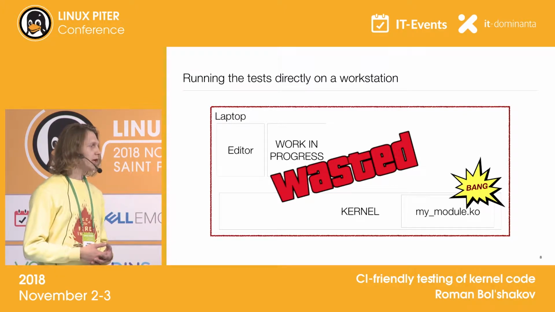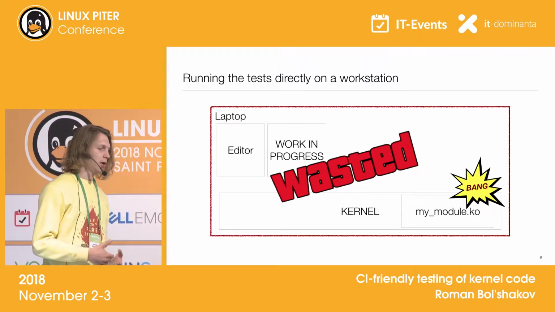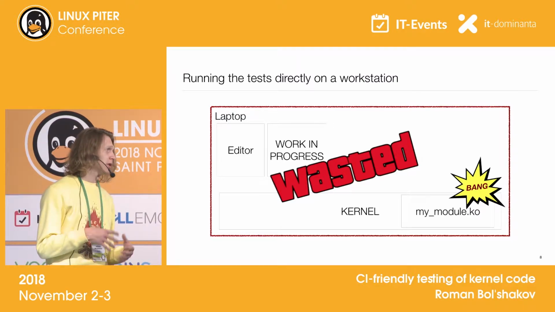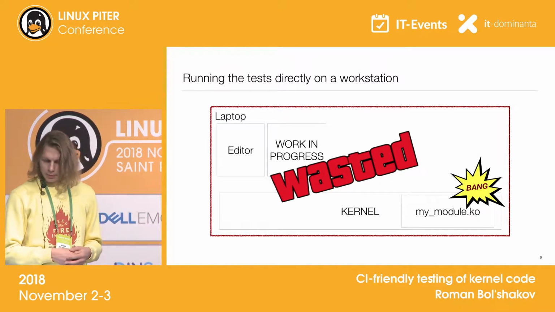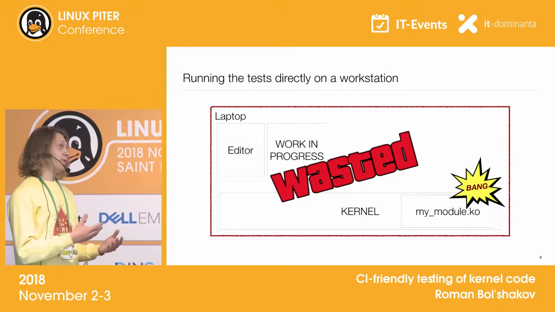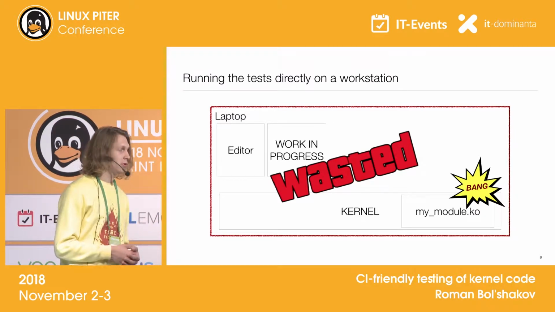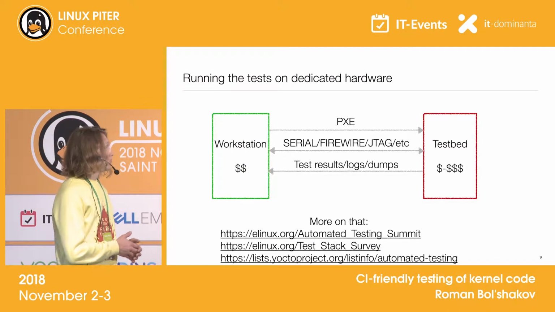Typically, you have a text editor present, some software launched, and if you try to load a kernel module from the same system where you work, that will bring very sad results. You can use a special dev machine and load it there, but the result will be the same. It will be a bad result.